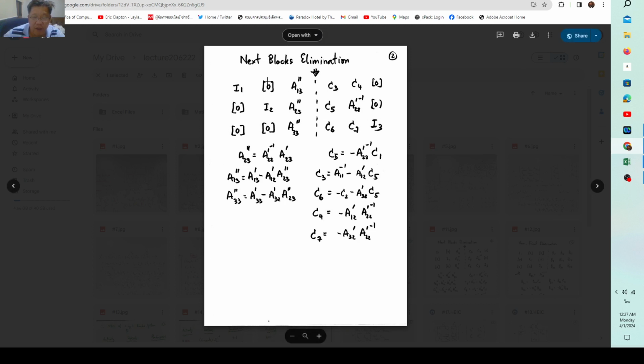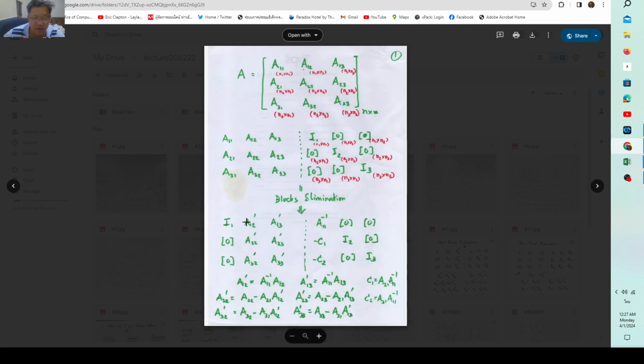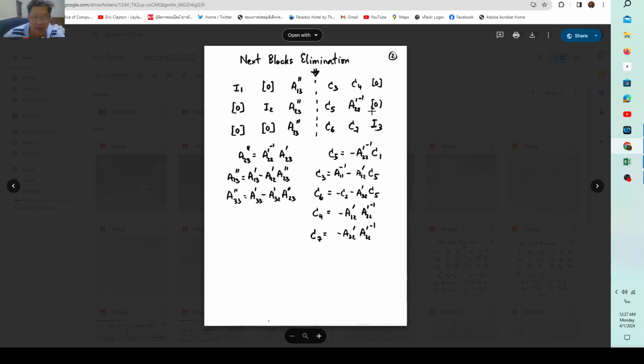For C sub 4, you have A12 prime over here, right, and then you multiply this one, so it becomes A12 prime times A22 prime inverse, and since it's subtracted from the original value of 0, this one becomes minus A12 prime times A22 prime inverse over here, subtracted from 0.